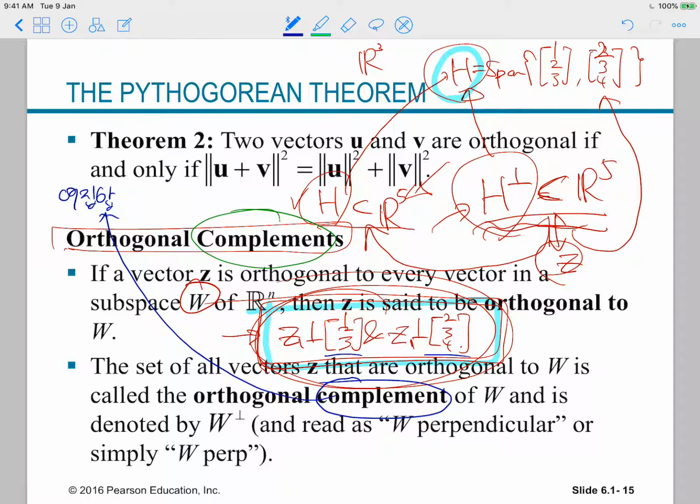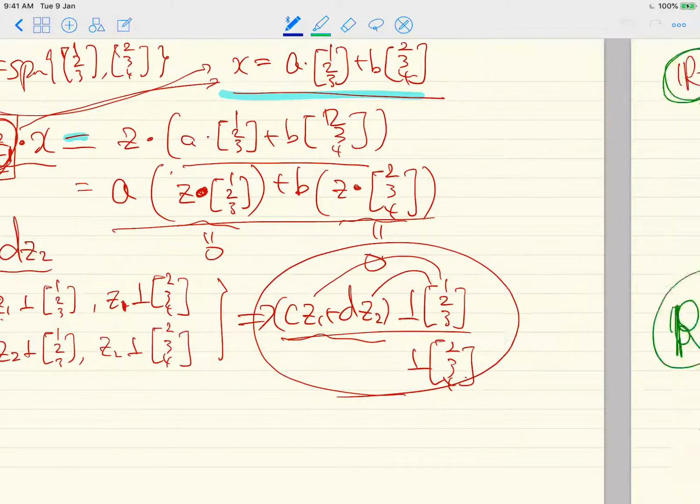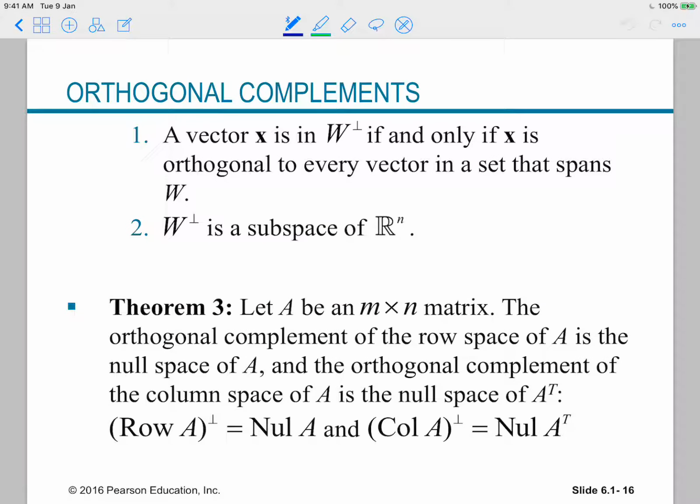Okay, so as an important property of W perpendicular, this W perpendicular is also a subspace, spanned by a finite number of linearly independent basis vectors, right?